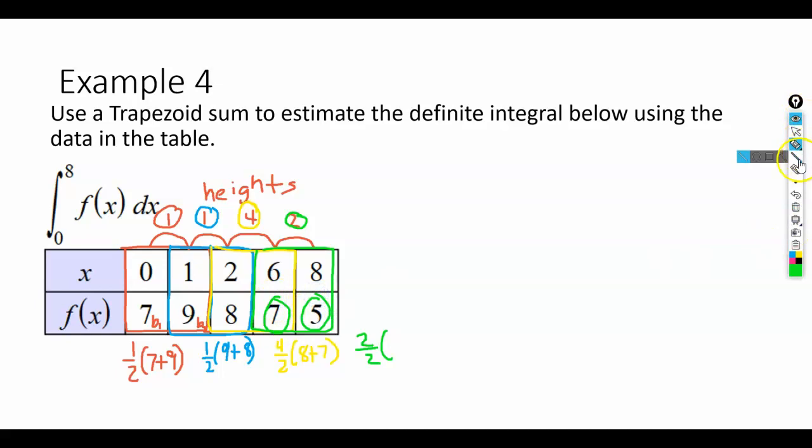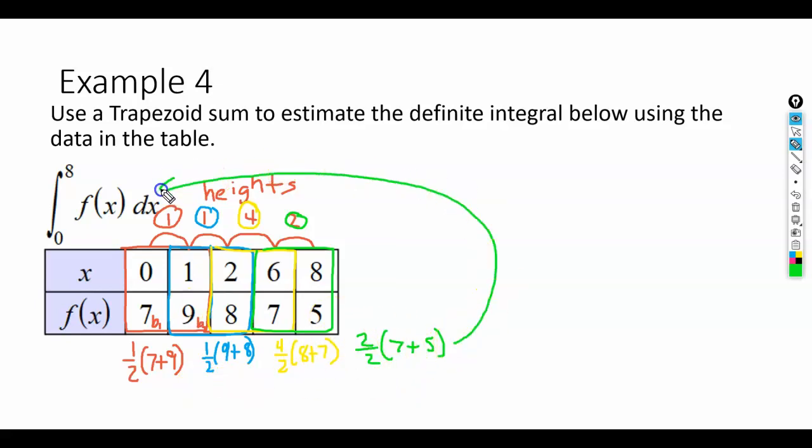That's 7 and 5. So I've got 4 trapezoids that I'm calculating the area of. And now technically, if you wanted to, you could even just leave your answer like this and just draw an arrow straight to there and say, okay, this is approximately equal to that, if you want. That would be fine. I'm going to go ahead and simplify just because I feel like it.